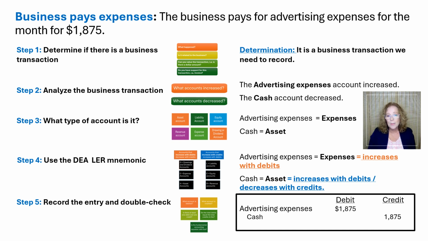So minus 1,875 to the right side of the equation, specifically owner's equity. Cash decreased the asset side of the accounting equation, and you can tell that both sides of the equation decreased by $1,875. Let's add this last entry to our accounting transactions.